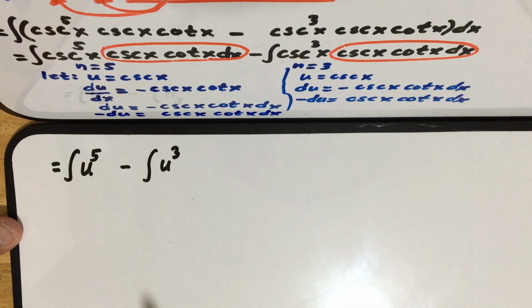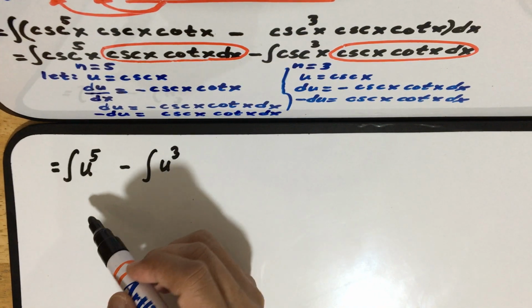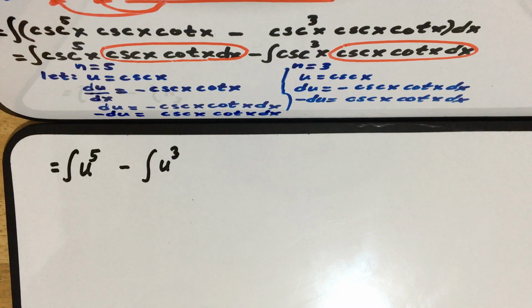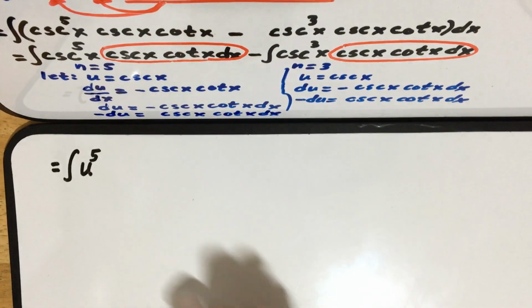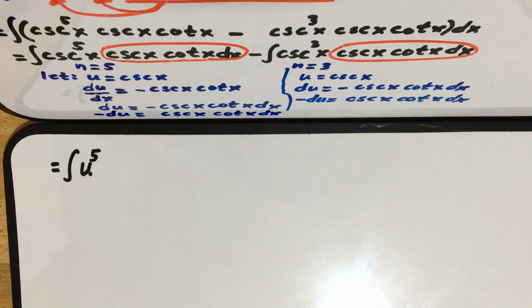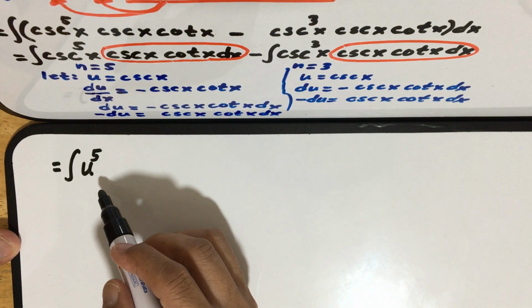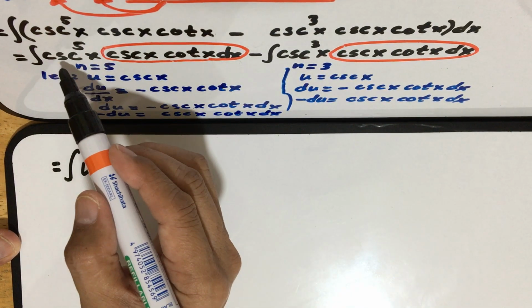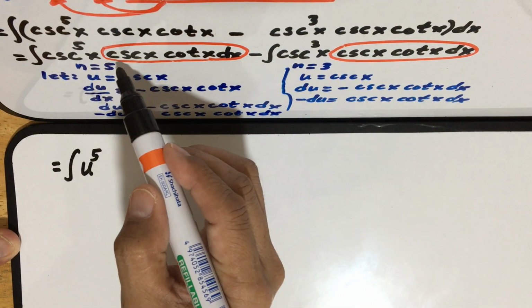But to make use of the power formula, we need to have its du. So we just substitute the u part of the integral function. Since we replace cosecant x by u, we also have to change this.